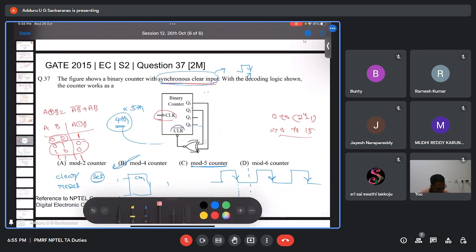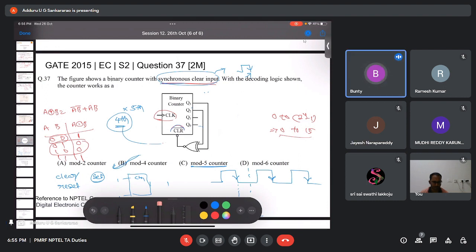Based on whatever combination circuit you use, it will be a mod 3 counter, mod 5 counter, mod 7 counter, like that. Not only this, any gate you can use, but based on that, it will change. If you use an XNOR gate like this, or maybe a NOR gate or NAND gate, any gate, we just have to analyze in the same way.